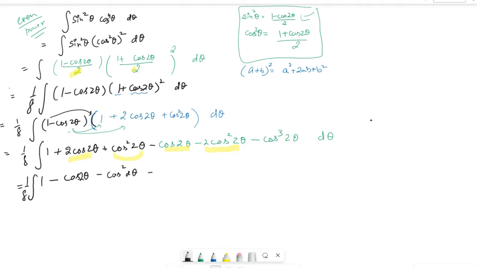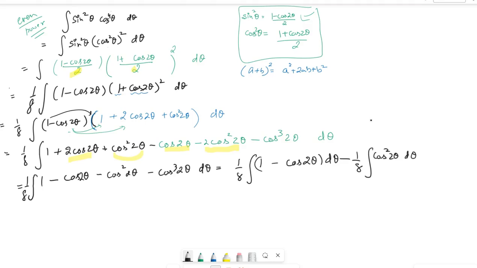And this is only negative cosine cube 2 theta d theta. I'm going to separate these out because 1 minus cosine 2 theta, we can handle it now, minus cosine square 2 theta has to be handled differently, minus cosine cube theta has to be handled differently.